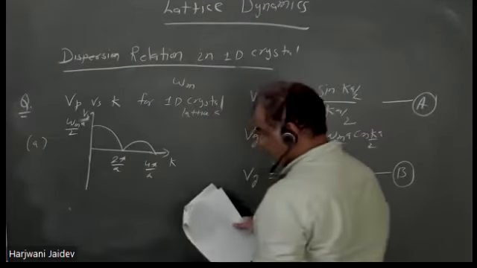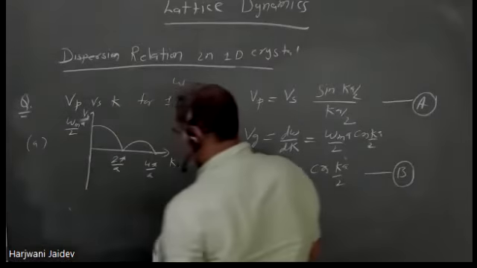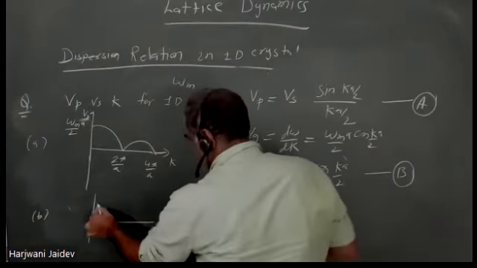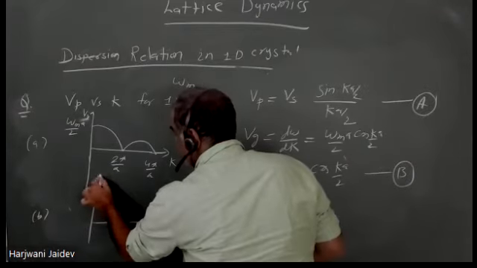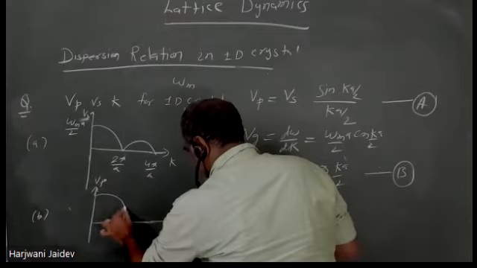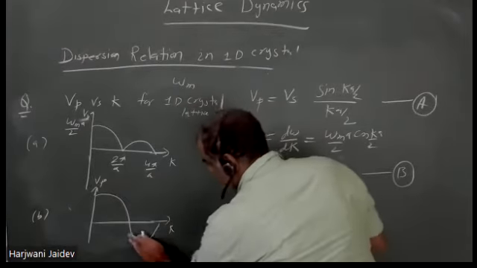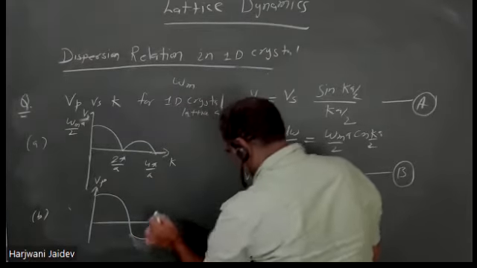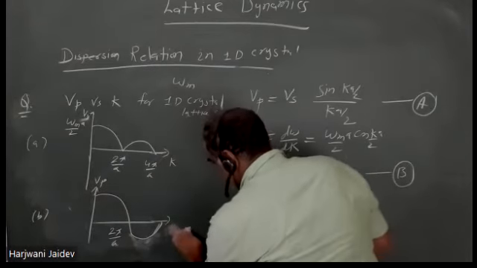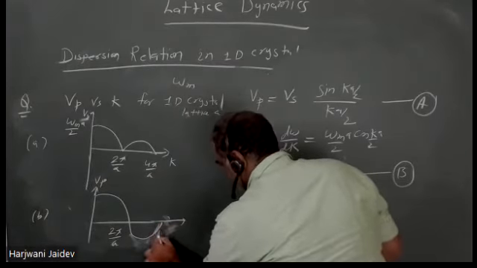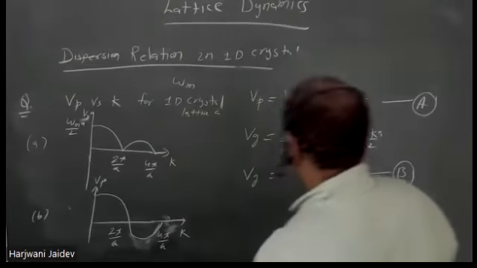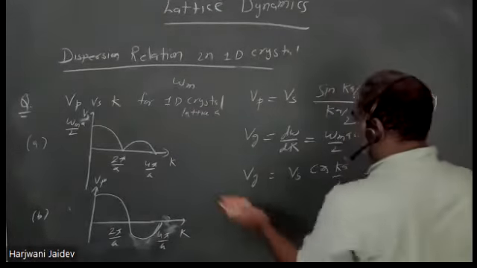The second option is this vp function of k given by two pi by A, this is 4 pi by A k. ओके, एंड इसको मिटा दूं क्या?